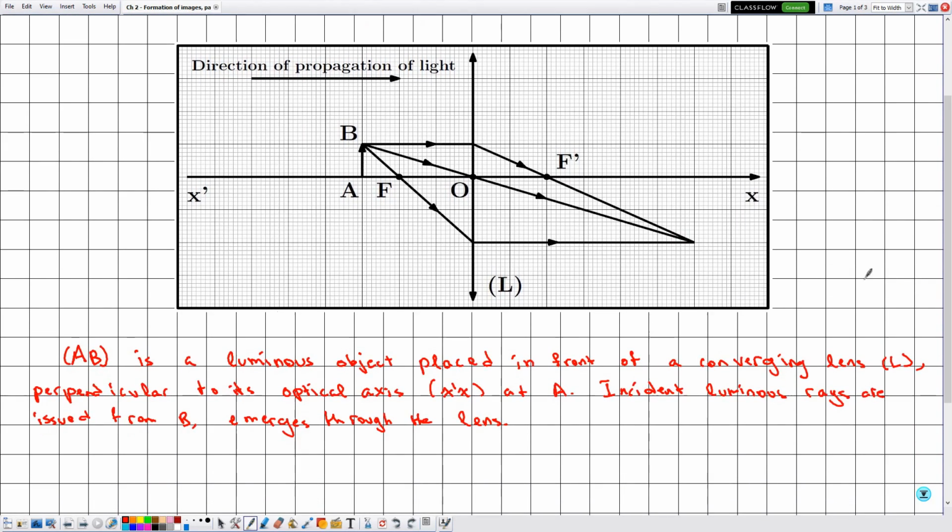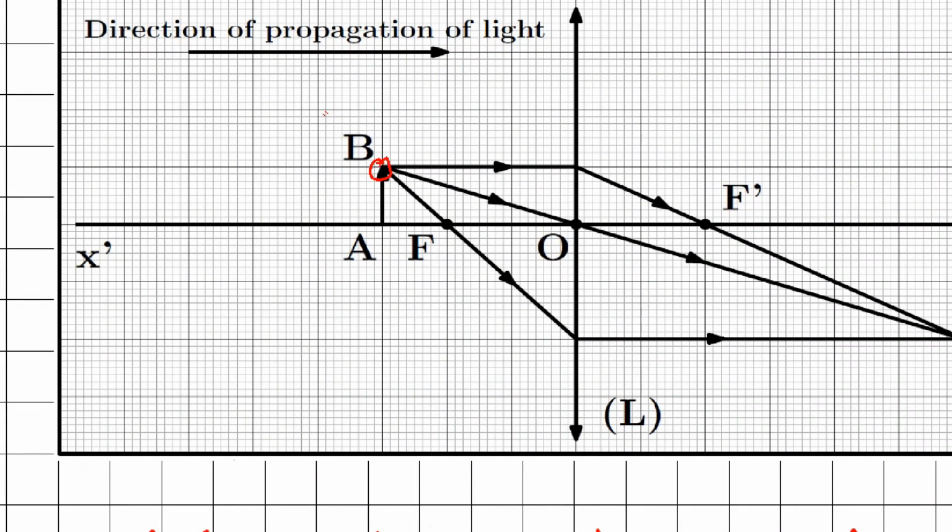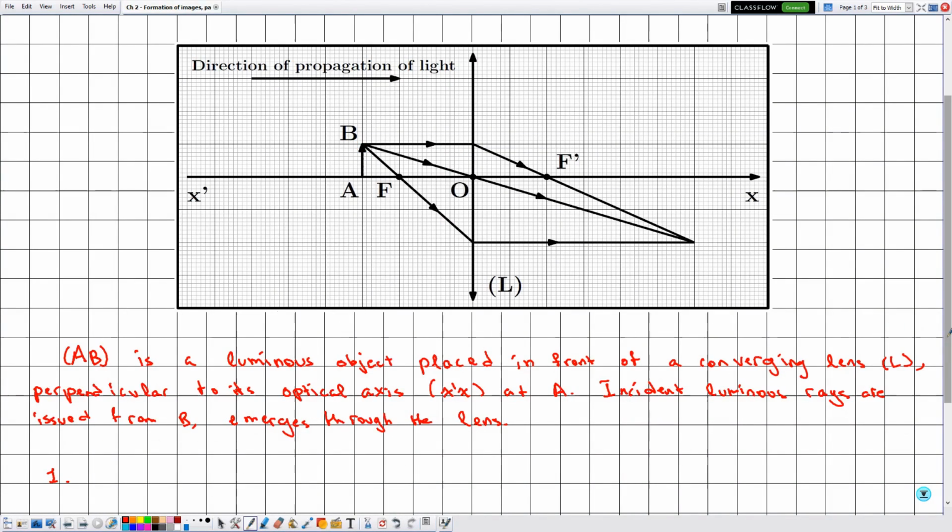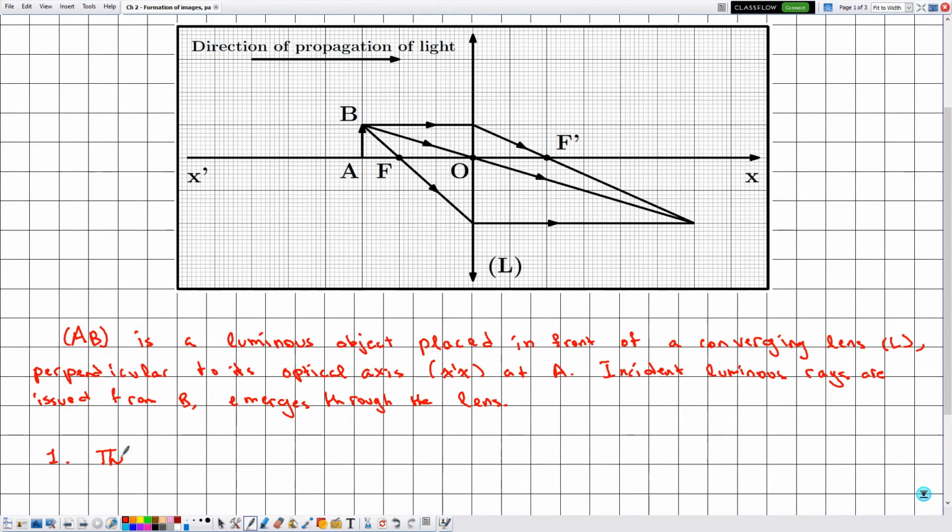So as you can notice here, the point B represents the intersection of the incident rays. Okay, so notice that all of these rays are incident rays because they are hitting the lens, and the point B represents the intersection of these incident rays. So let's write down the object B of B prime is the intersection of the incident rays.